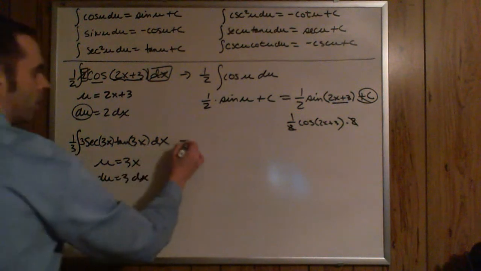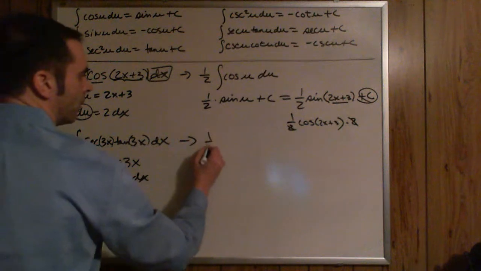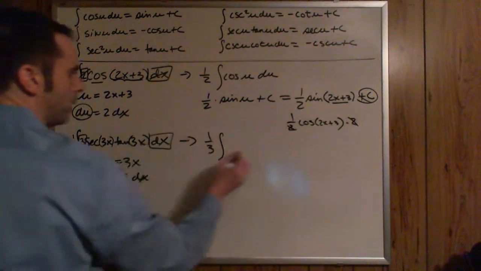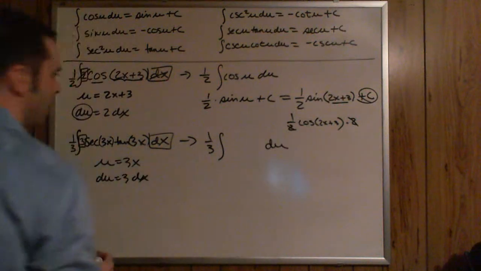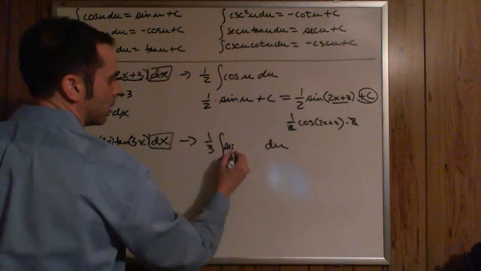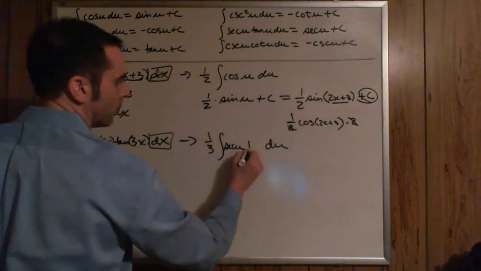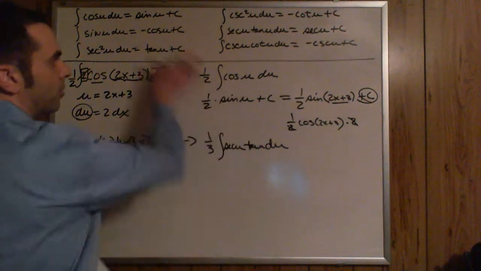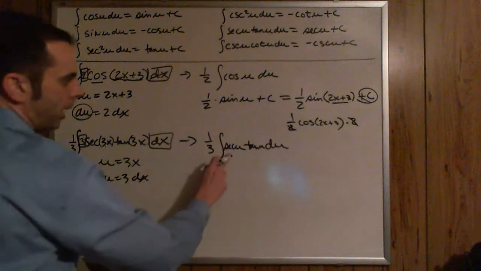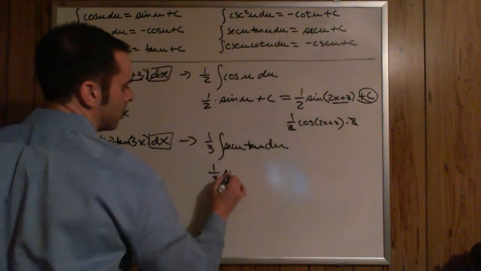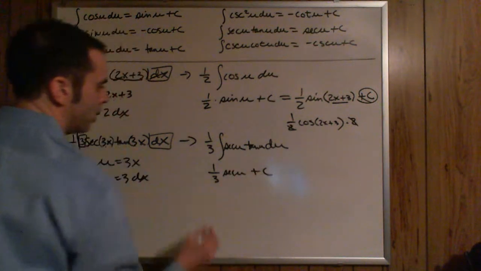So then now this would become 1/3 times the indefinite integral of 3 dx would become my du. And this would become secant u tangent u. And this is on my list of 6 up here. So the antiderivative of secant tangent is secant u plus c.